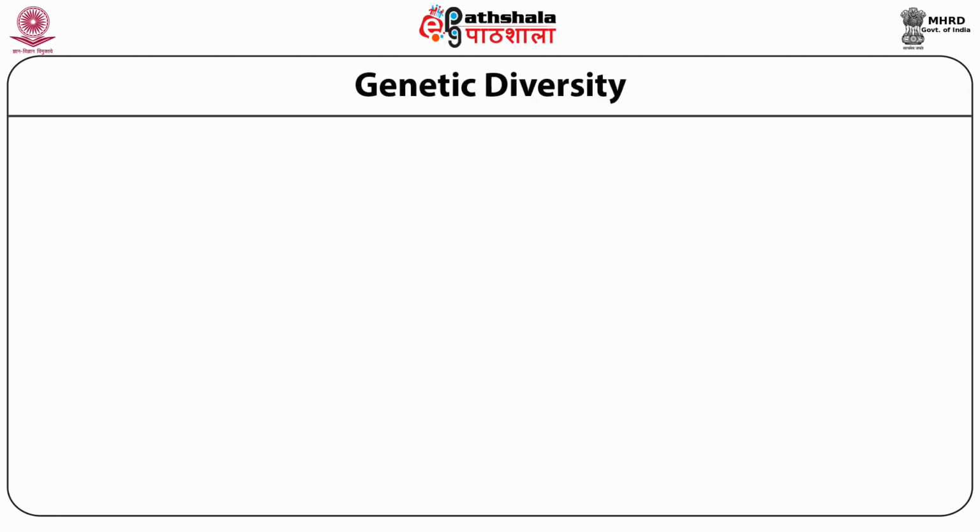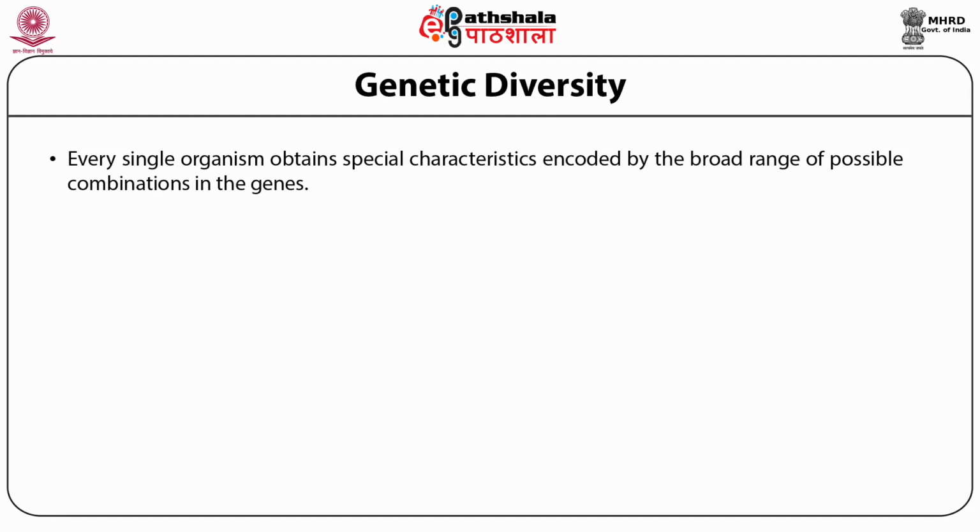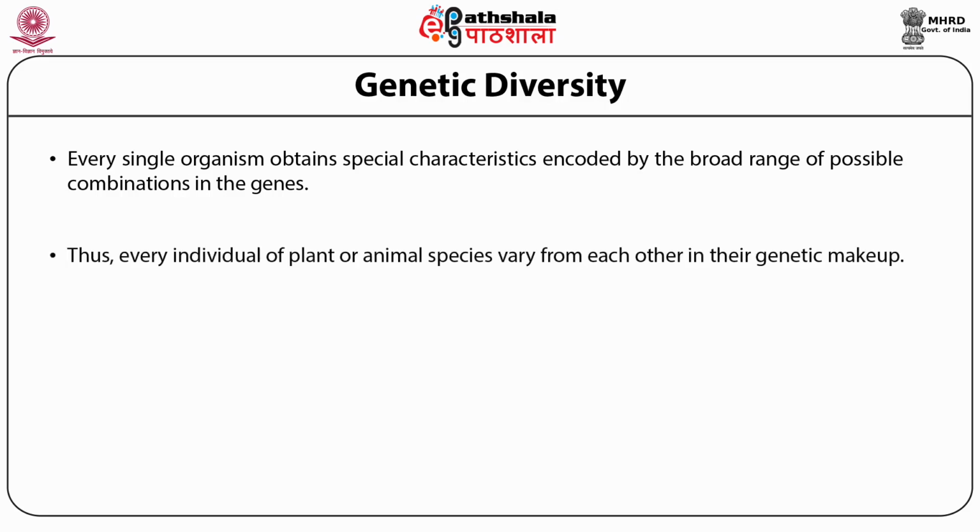2. Genetic diversity. Every single organism obtains special characteristics encoded by the broad range of possible combinations in the genes. Thus, every individual of a plant or animal species varies from each other in their genetic makeup.